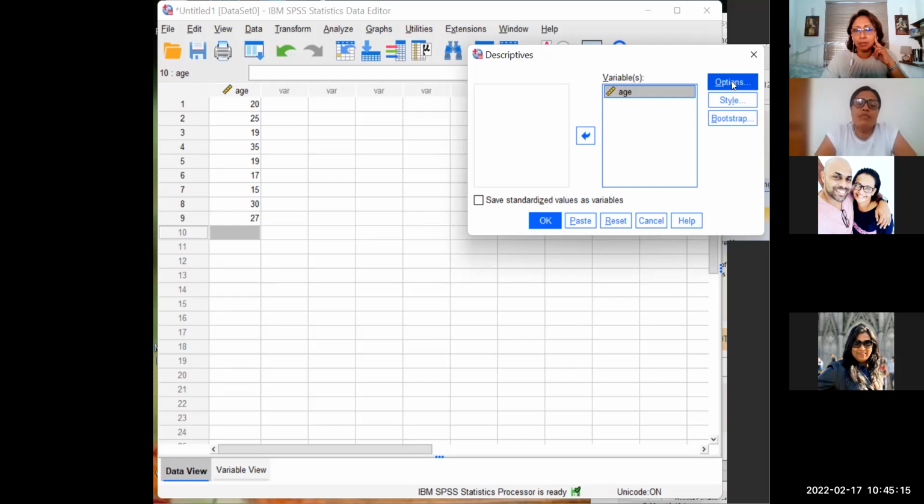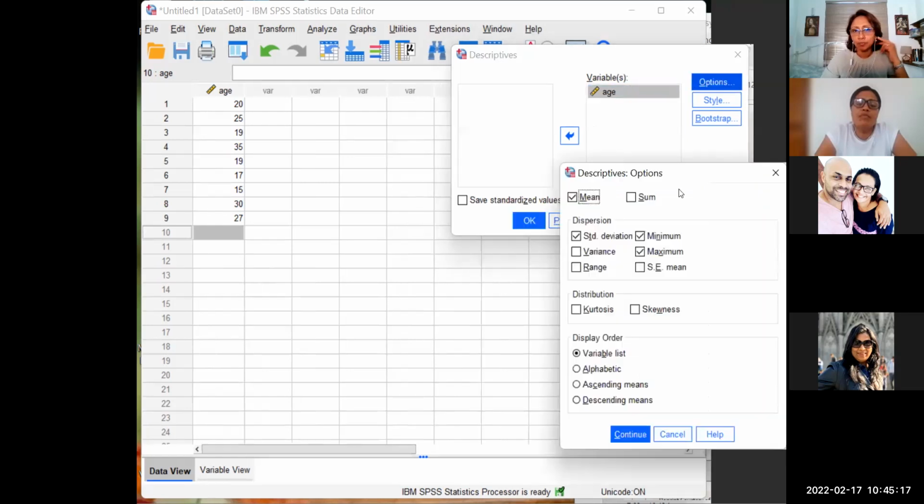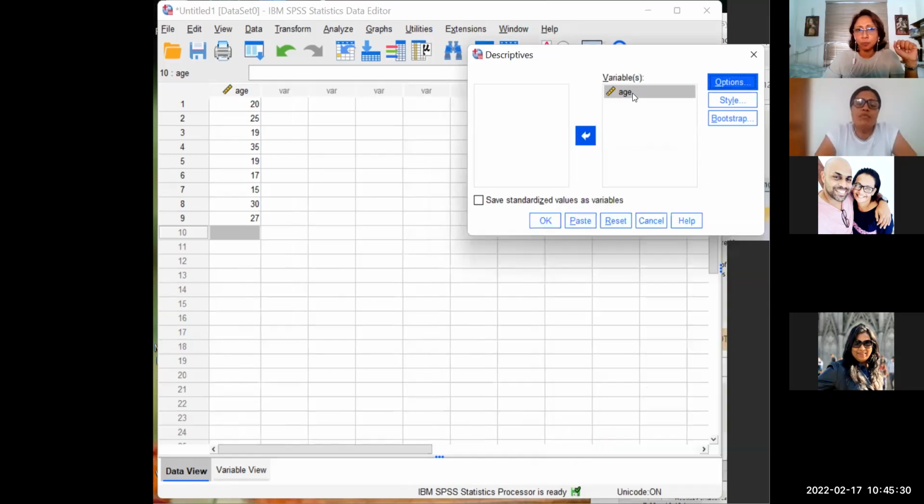And then I go to options. I want to check the mean, the standard deviation, minimum, maximum. Okay, fine. Maybe I also want to see the range, right? And I'll say continue, and press OK. Let's see what we get.